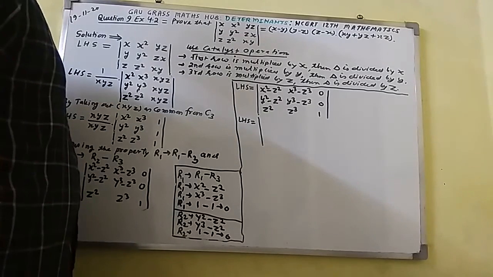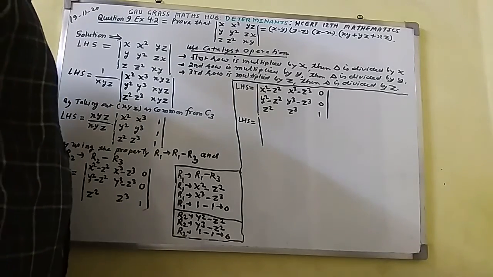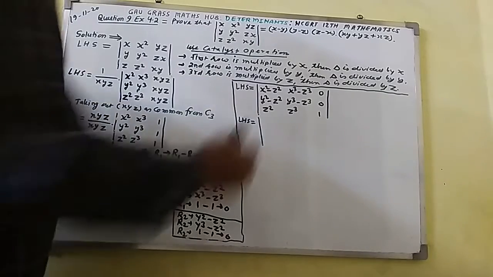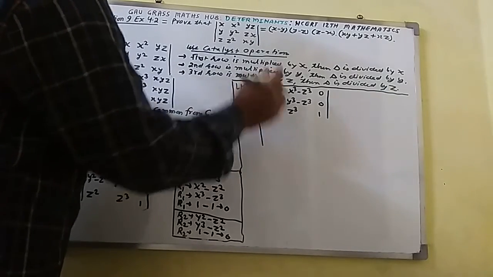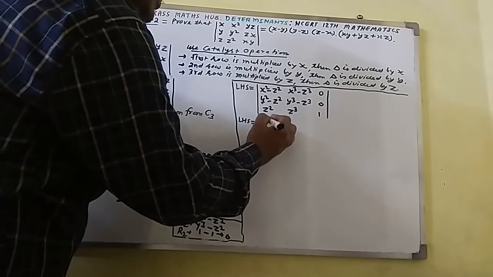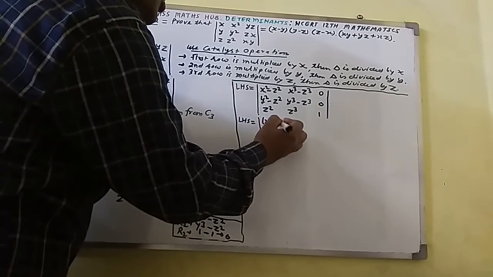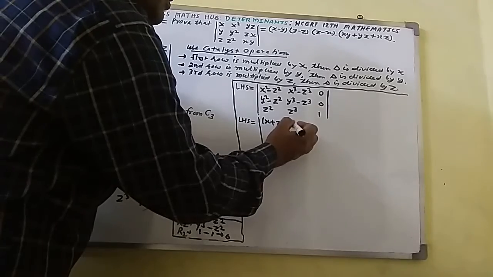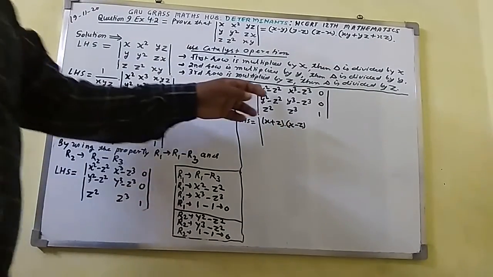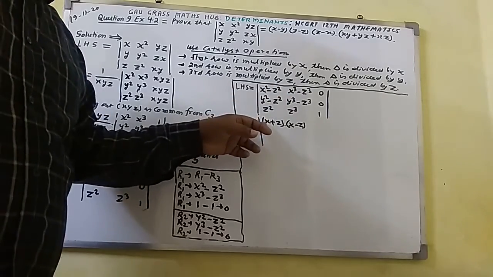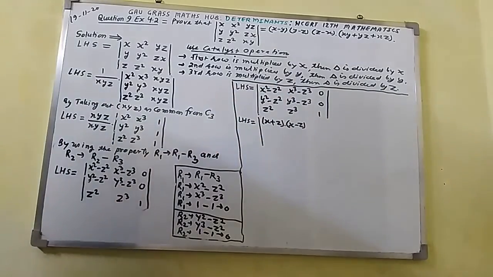A square minus b square equal to, in one bracket a plus b, in another a minus b. On the same pattern, if you factorize x square minus z square, you will get easily x plus z, x minus z.